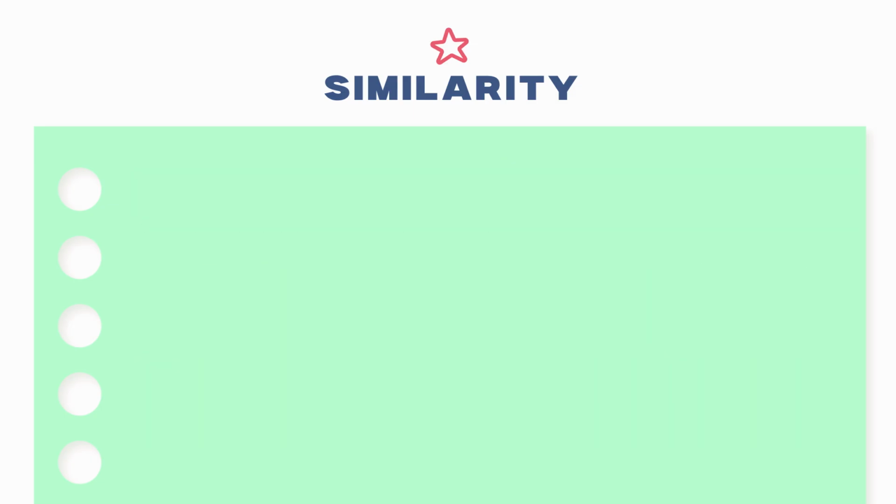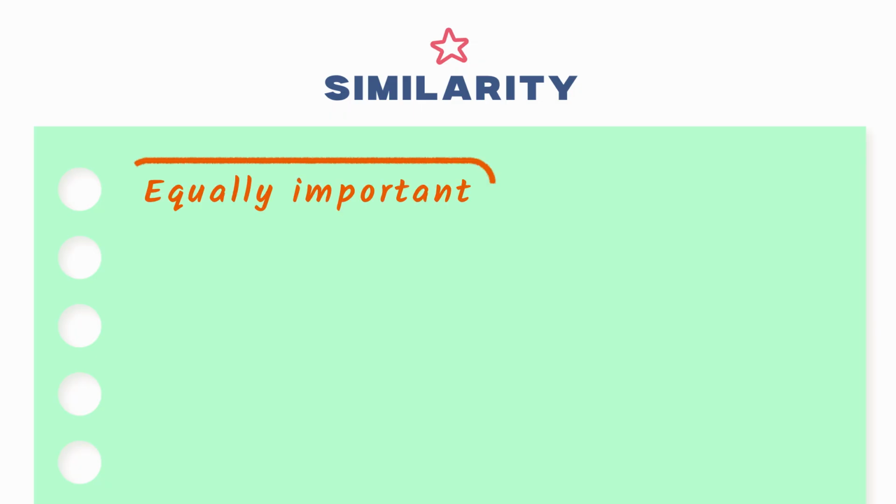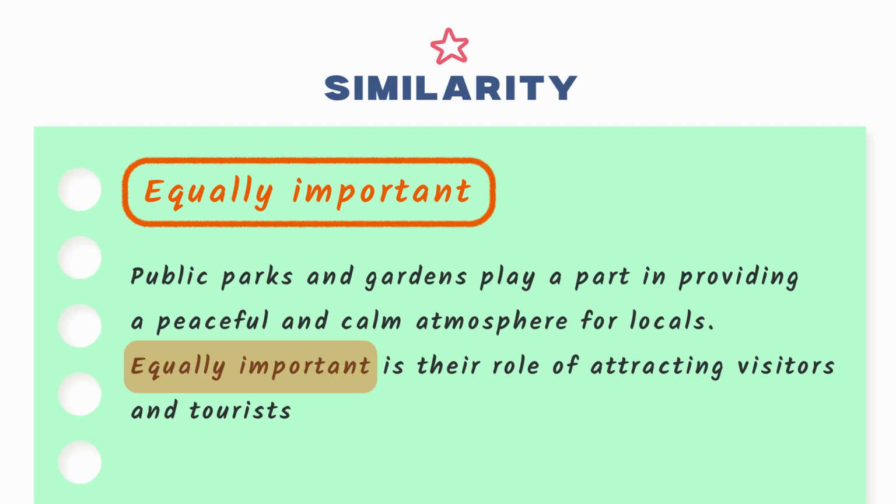And our last linking word to talk about similarity is equally important. For example, public parks and gardens play a part in providing a peaceful and calm atmosphere for locals. Equally important is their role of attracting visitors and tourists.